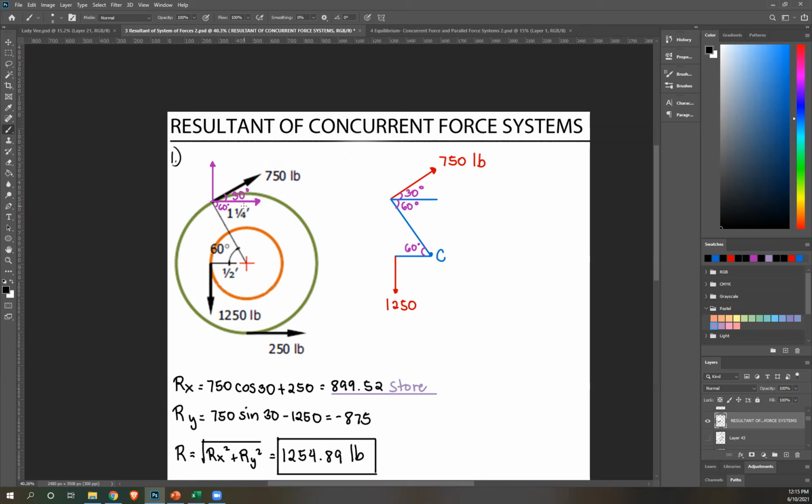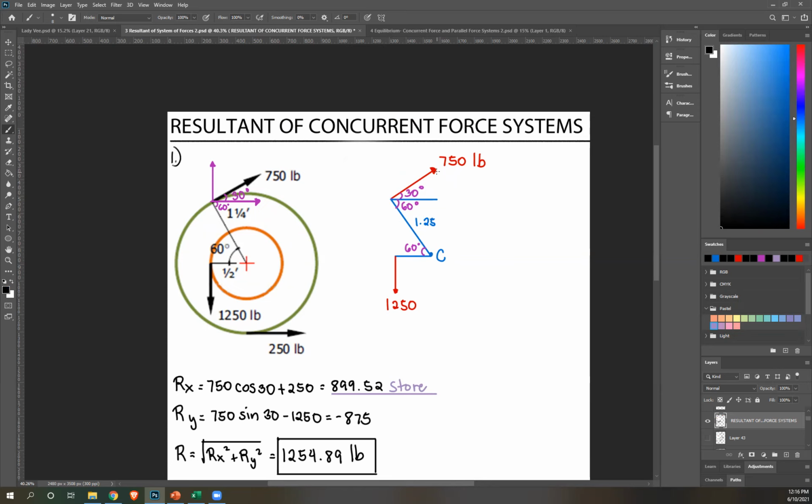It's 1 1/4, or 1.25 feet. Since this radius is given, and that radius is perpendicular to 750, this is actually already the perpendicular distance to our reference point, which is C. So I'm not going to use Varignon's theorem anymore, okay? So I'm going to use its actual perpendicular distance.